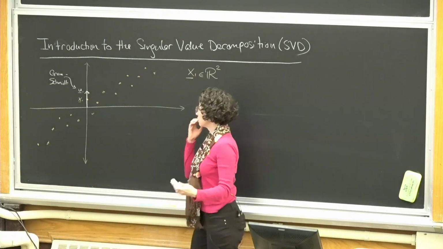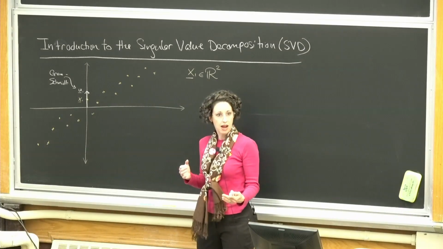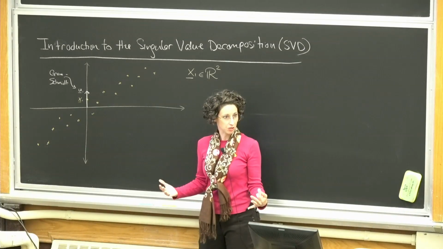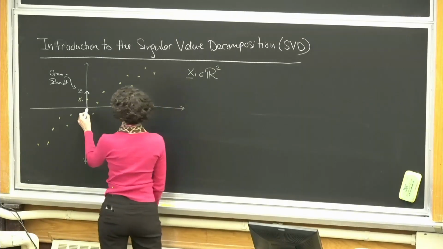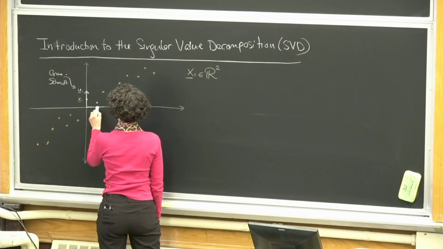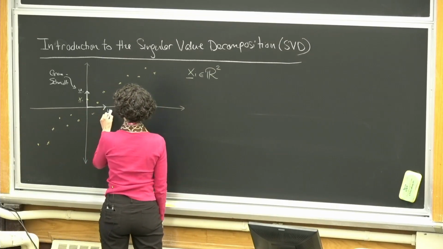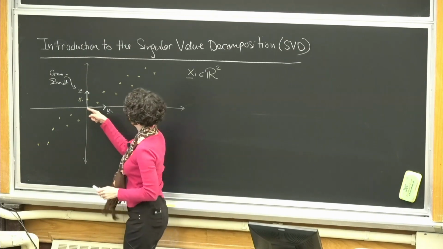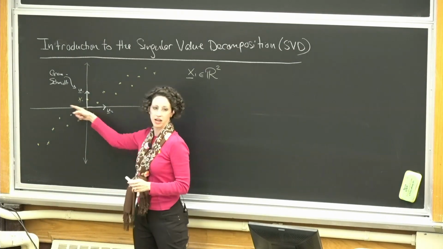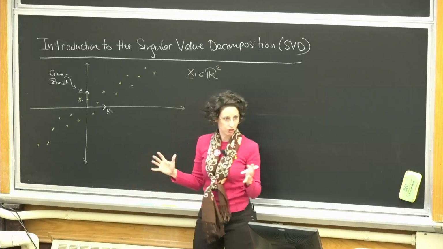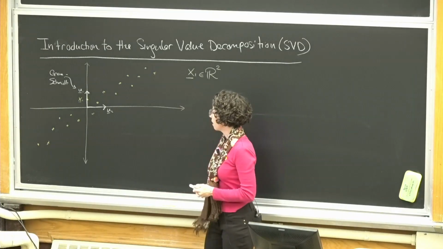And then our second basis vector has to be orthogonal to this one. And so depending on which point is x2, it would either be this, or it would be the sign opposite of that. So there's a little bit of sign ambiguity, perhaps.